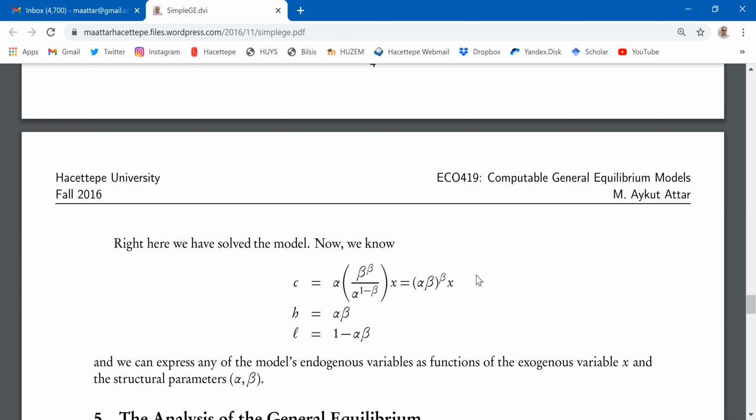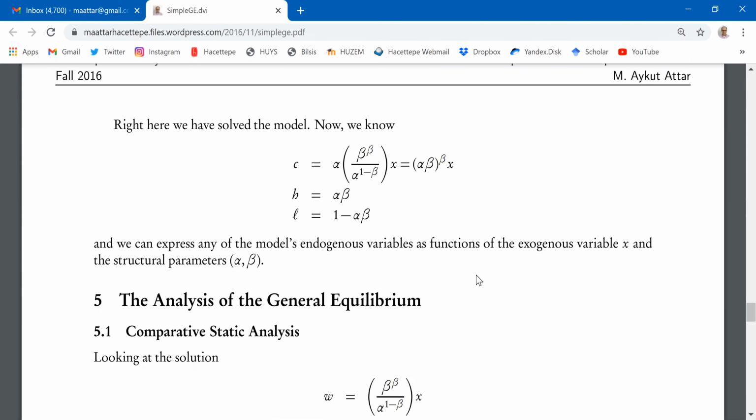So the production function is closer to a linear shape, and that increases labor supply. Since leisure is equal to 1 minus labor supply, leisure is 1 minus alpha beta. Importantly, equilibrium labor supply and leisure decisions do not depend on productivity. So that's another result.